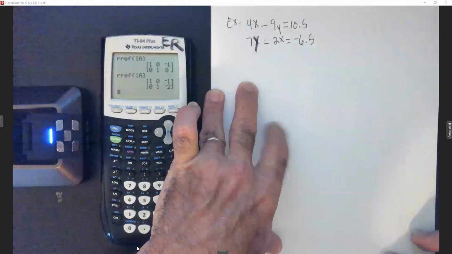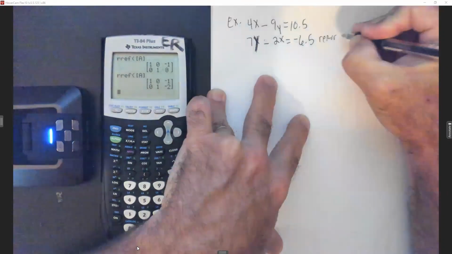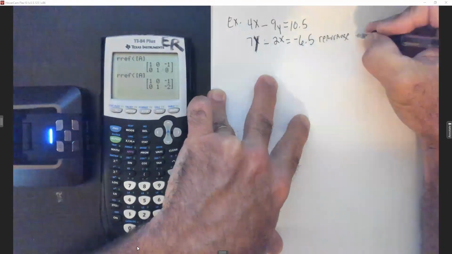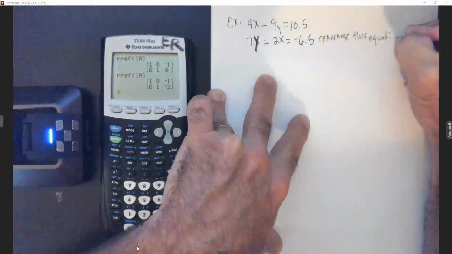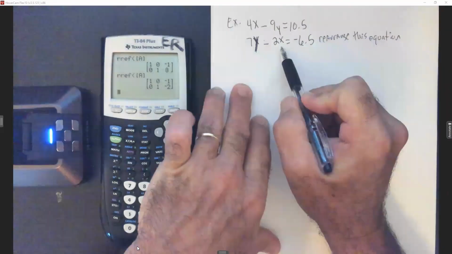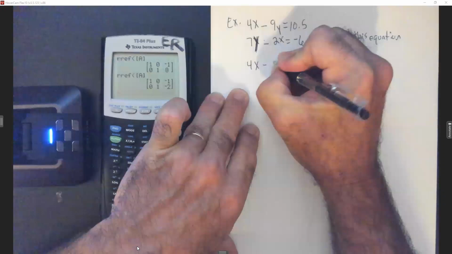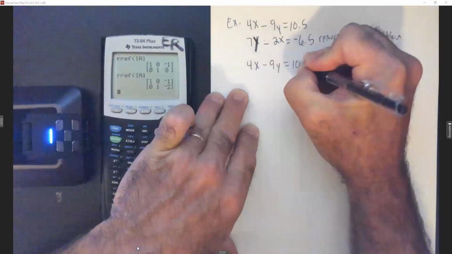Well, guess what? The first thing I'm going to do is rearrange the second equation. Because y'all, it's got the y's where the x's should go and the x where the y's should go. So we need to rearrange the second equation. So I'm going to have 4x minus 9y equals 10.5.